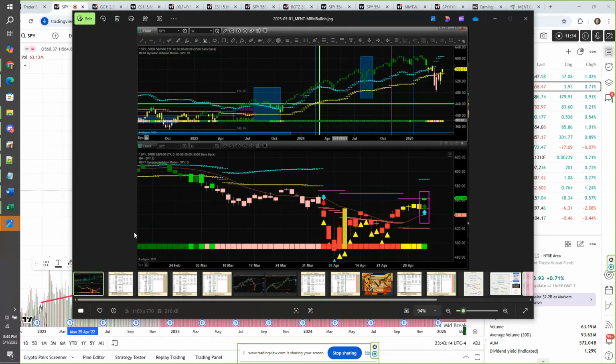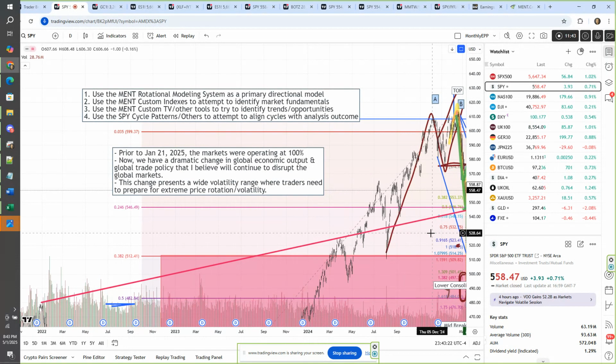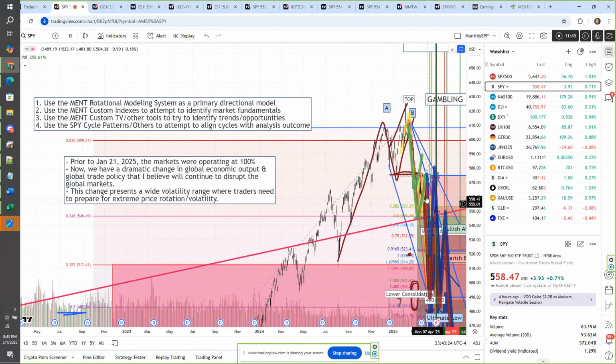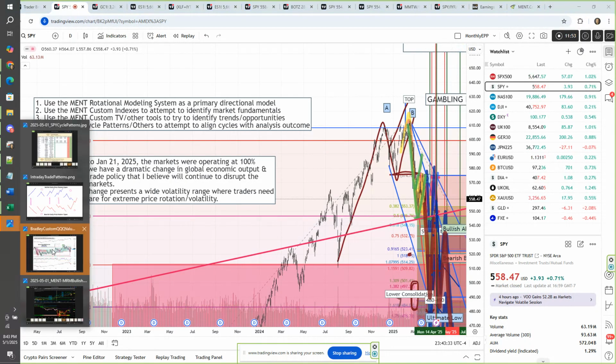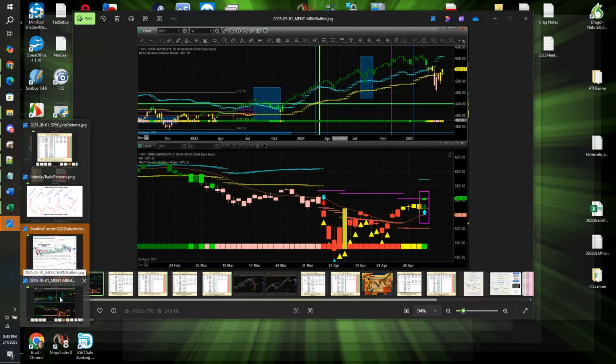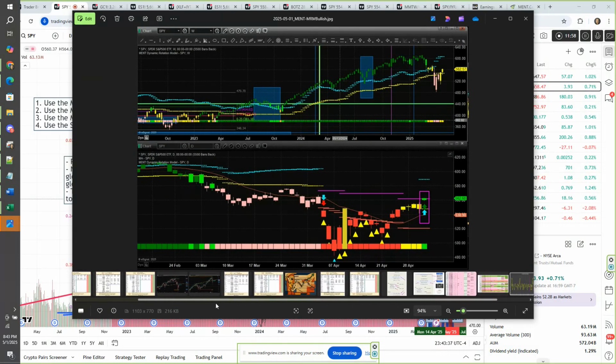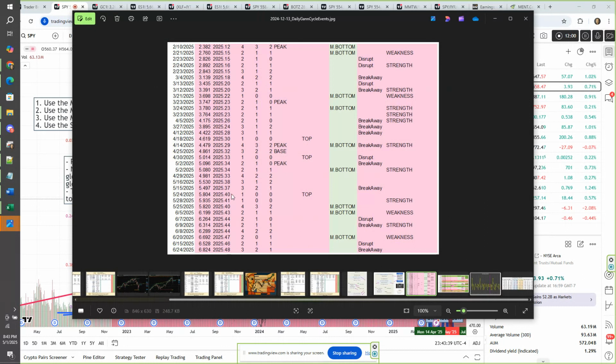Now, on top of these, when I get a directional trend, for example, the reason why I was predicting that the markets would likely come down into a downward cycle mode, moving down into our May 2nd through 5th low, comes down to the fact that I'm using these cycle patterns.